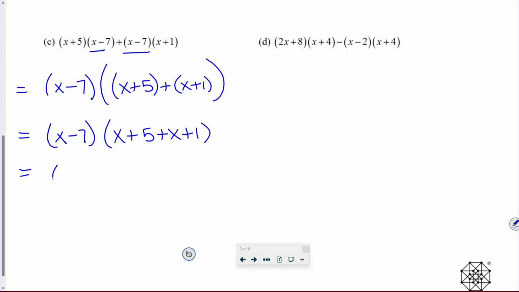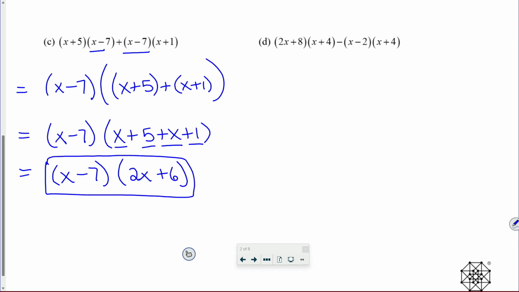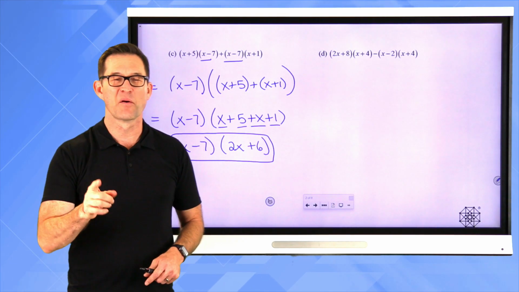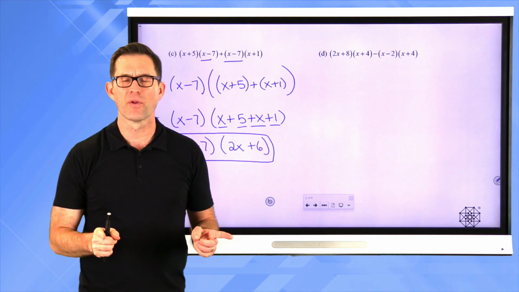And now I can gather like terms in that second more complicated parentheses. x plus x is 2x, and 5 plus 1 is 6. And I've got x minus 7 times 2x plus 6. Awesome. Now remember, this problem said to be careful on letter D.